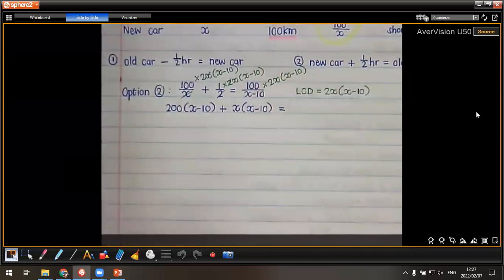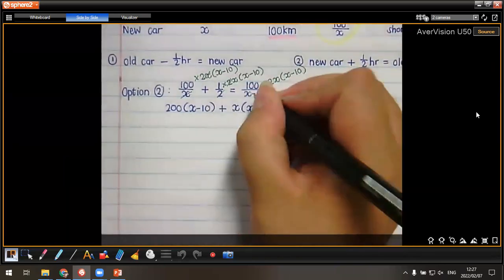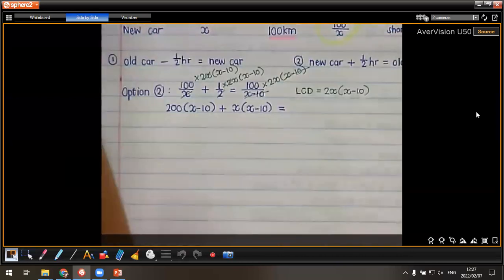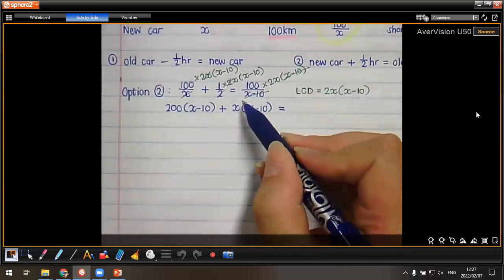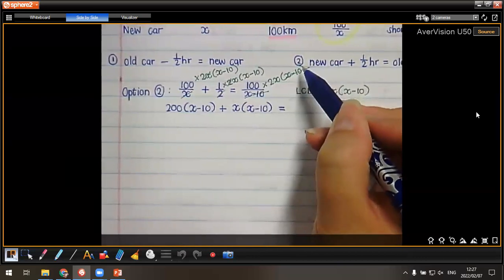That is then equal to, okay, so in the last fraction, the x minus 10 and the x minus 10, those cancel out.